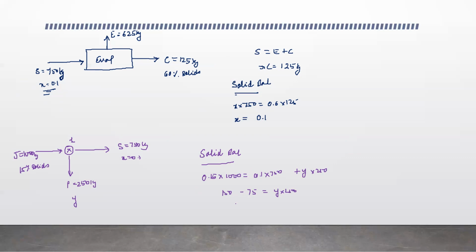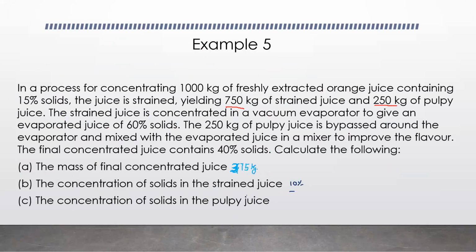Okay, 150 minus 75 is nothing but 75. So from here, you get Y is equal to 0.3. So that means the pulpy juice contains 30% solids. Okay, so this is your result.